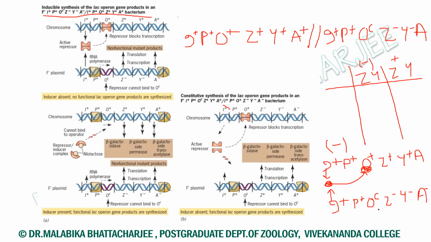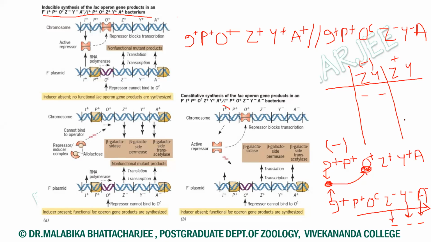Since the repressor molecule cannot bind, the polymerase will transcribe this mRNA. But as you see, we are having a defective Z, so no functional beta galactosidase, a defective Y, so no functional product, a defective A, so no functional product. So in absence of lactose, we will write minus, minus.